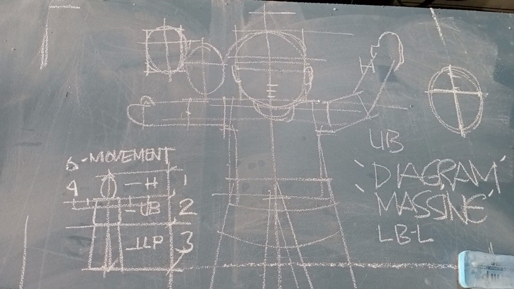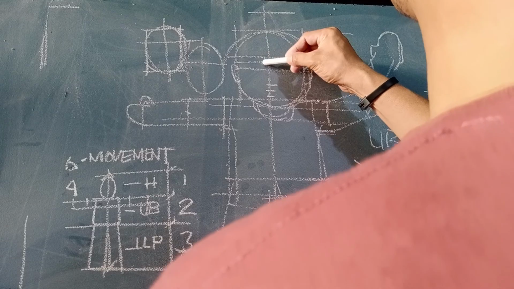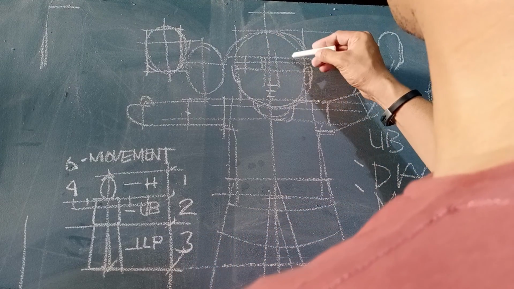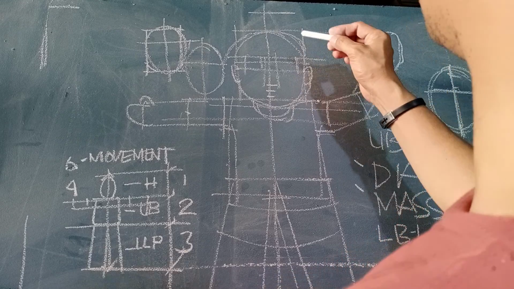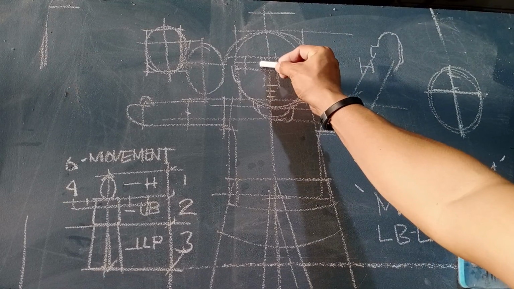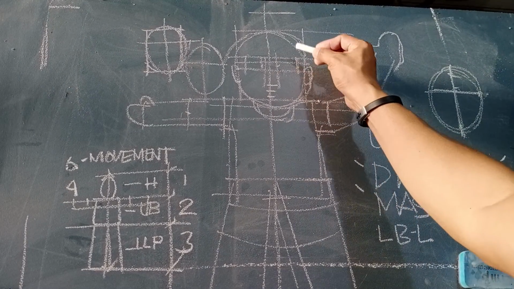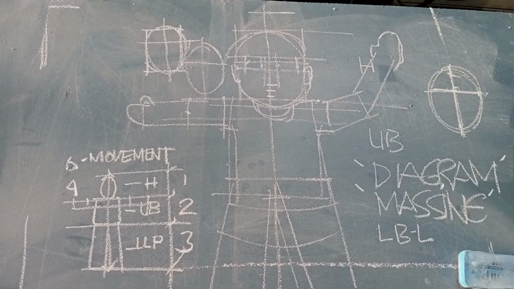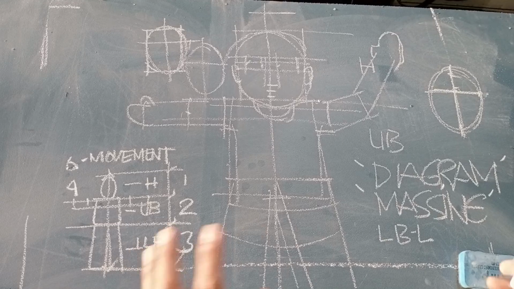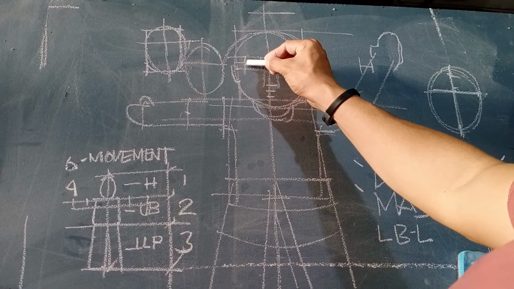Now going to the details of a head. This is the nose, and we will assign here the eyes, our two eyes. The theory says that there are three equal eye distances. The first distance, the center, is at the nose, and the other two are for the left and the right.